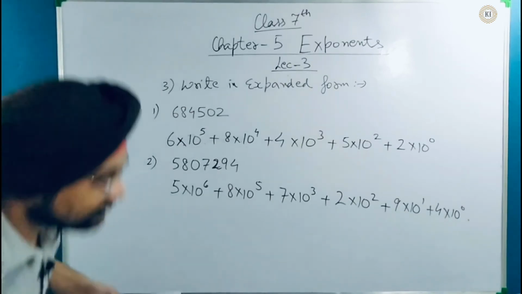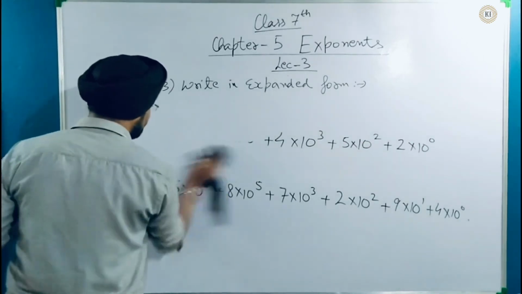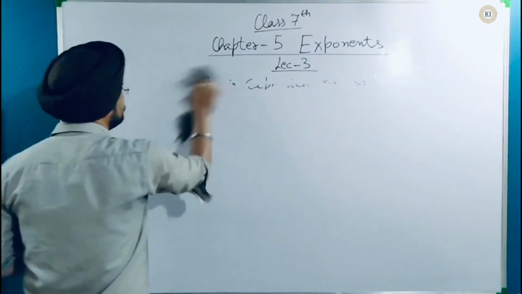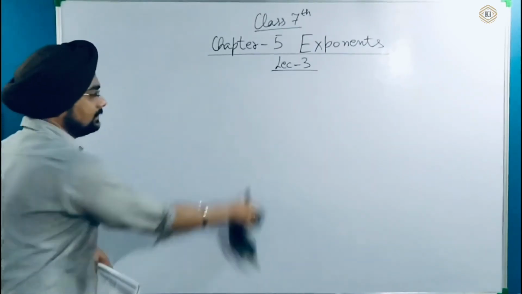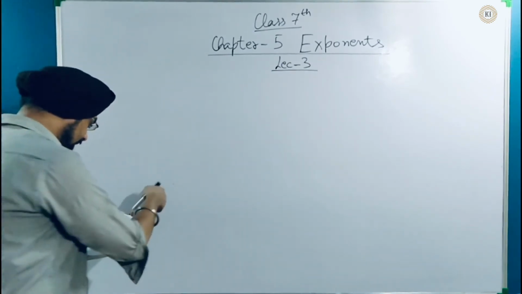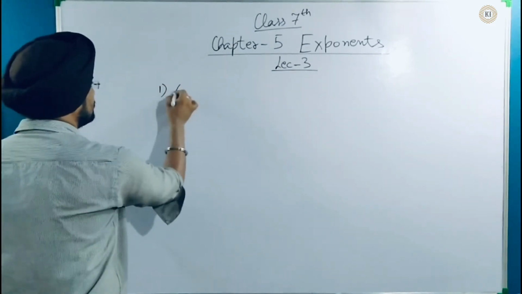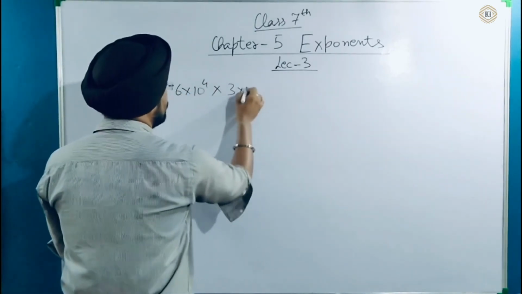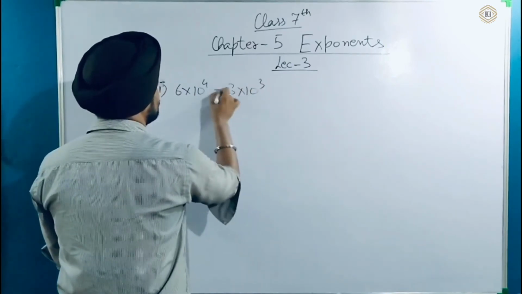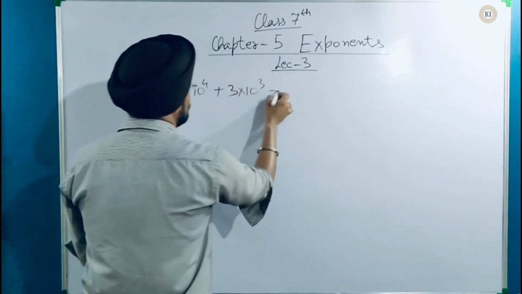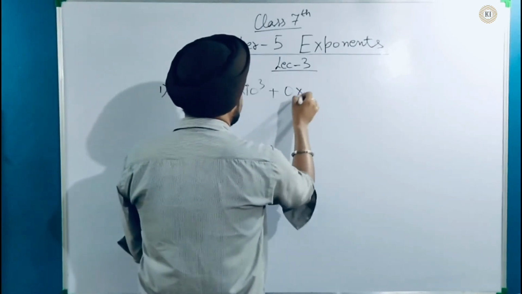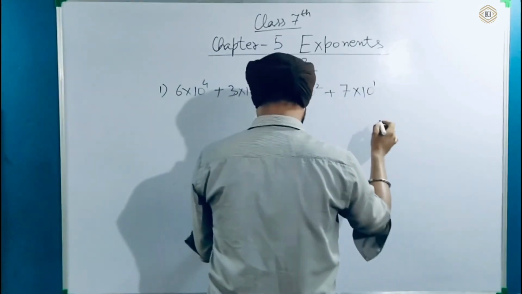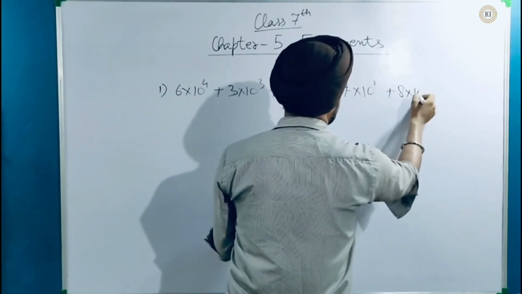Next, the question is given in the expanded form, and we have to write the numbers in the numeric form. Suppose question is given as 6 into 10 to the power 4 plus 3 into 10 to the power 3 plus 0 into 10 to the power 2 plus 7 into 10 to the power 1 plus 8 into 10 to the power 0.